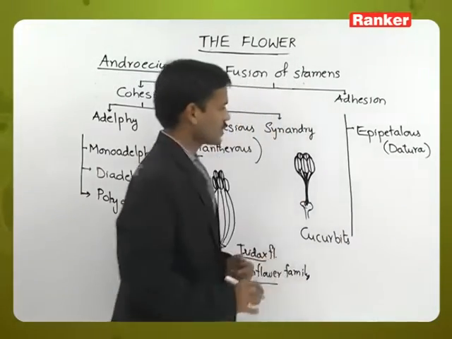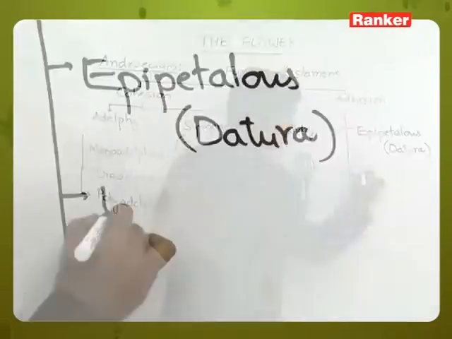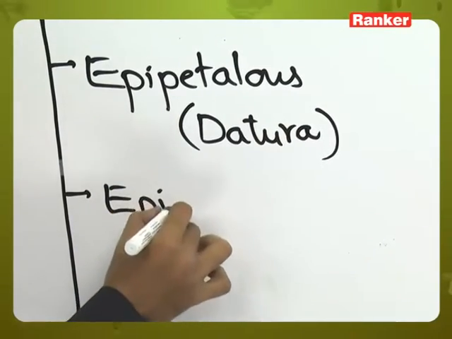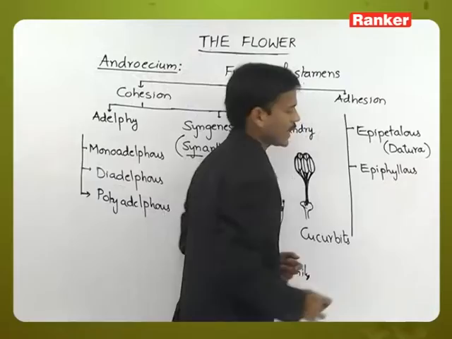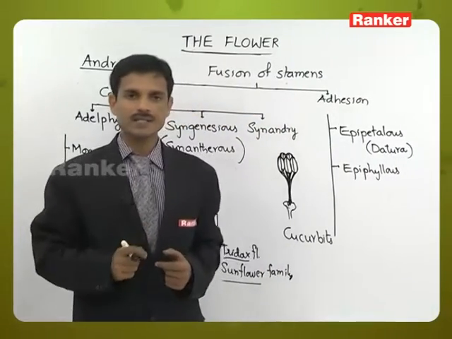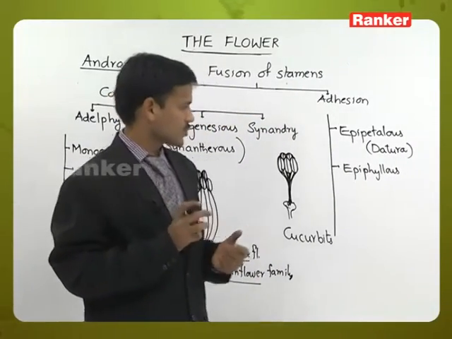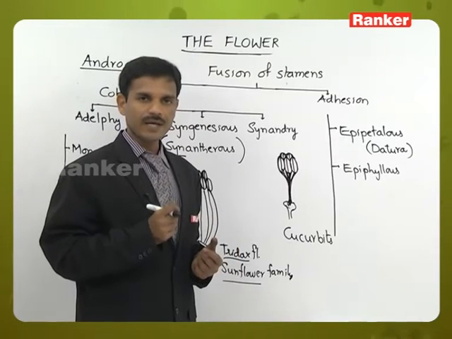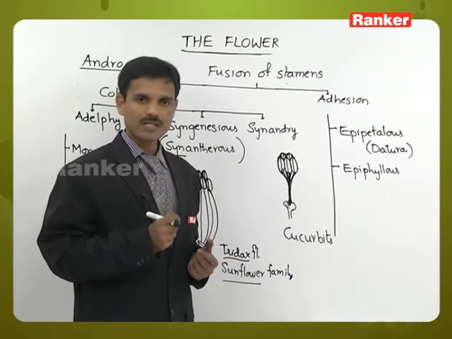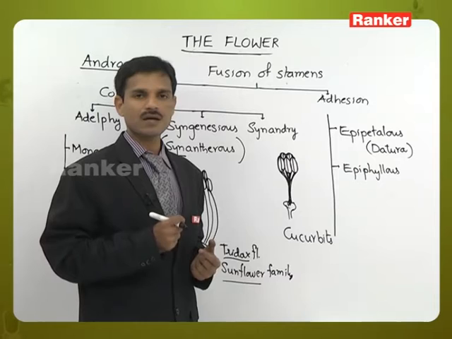Epipetalous condition. And epiphyllous. Epiphyllous means in some plants the flowers show only tepals or perianth. Perianth is not distinct, or sepals and petals are not distinct.